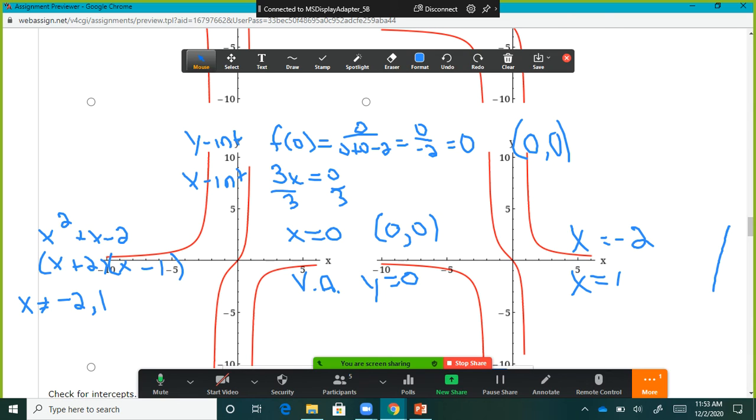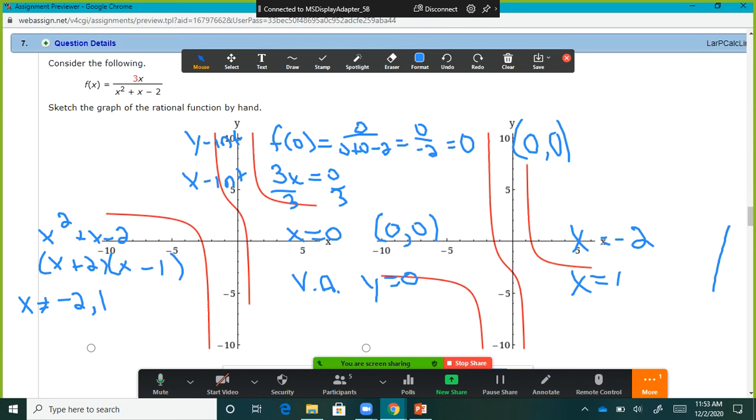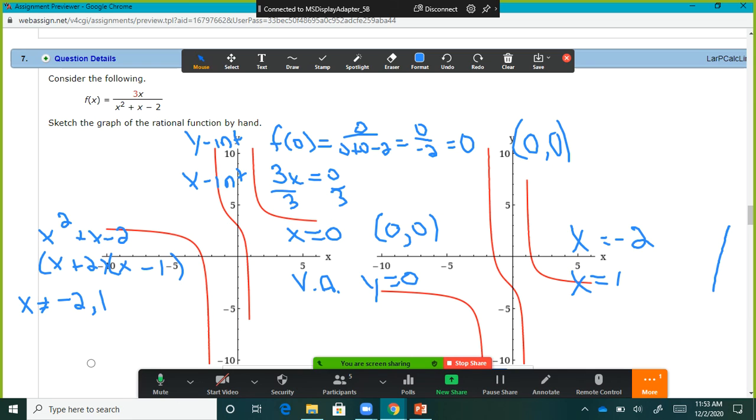The easiest way to tell which one of these graphs would be true is if I substitute in a value beyond x equals 1, say I would go out here 1, 2, 3, 4, 5. If I substitute in x equals 5, this one would give me a positive. This one, it would give me a negative, if that makes sense. And of course, you could just type it in your calculator and compare.